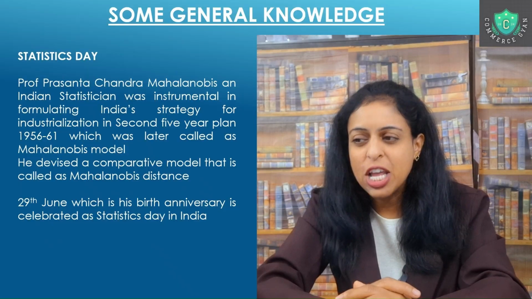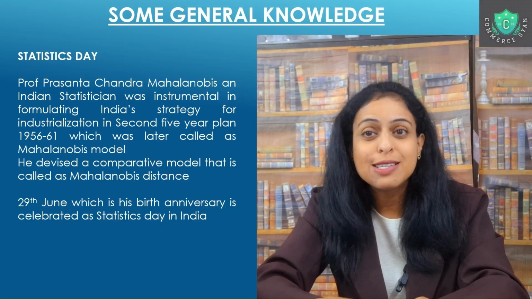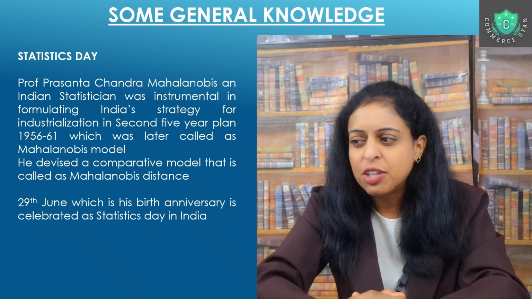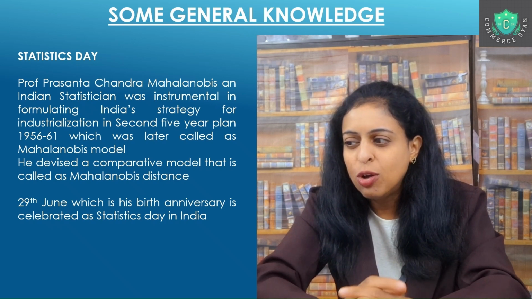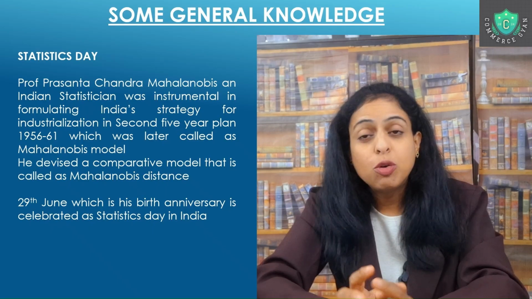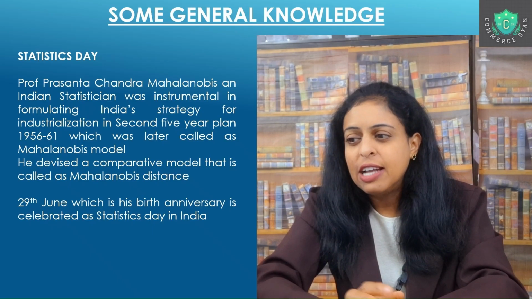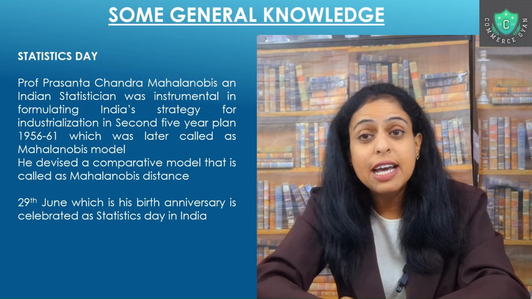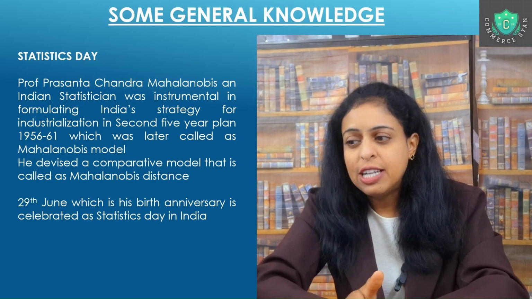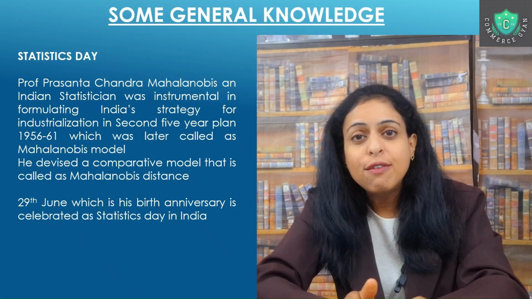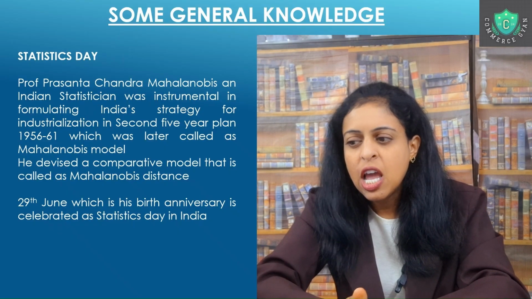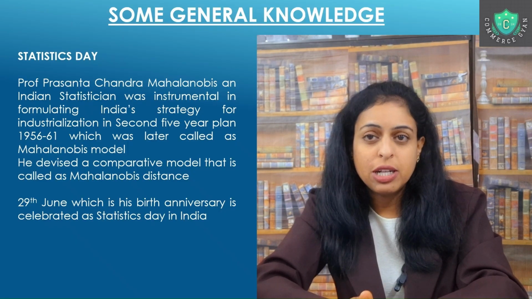Now, just for some general knowledge, there is what we call World Statistics Day. Professor Prasanta Chandra Mahalanobis, an Indian statistician, was instrumental in formulating India's strategy for industrialization in the second five-year plan in 1956 to 61, and later on this was called the Mahalanobis model.